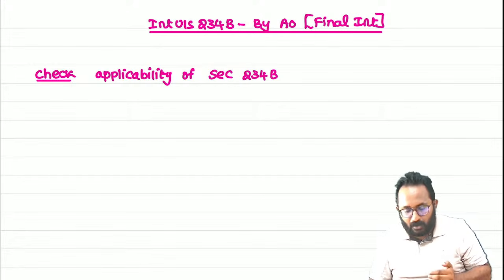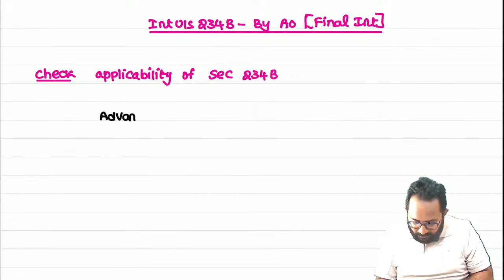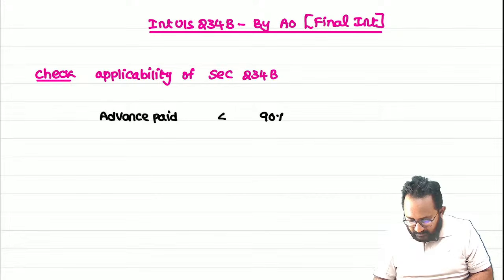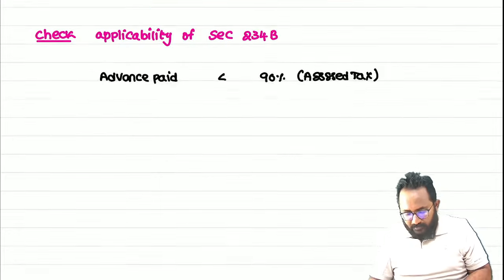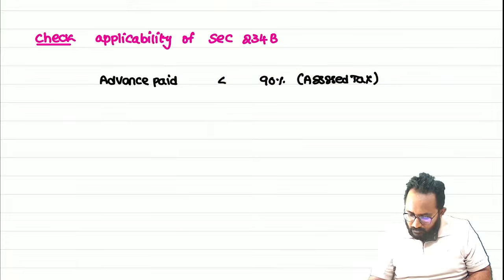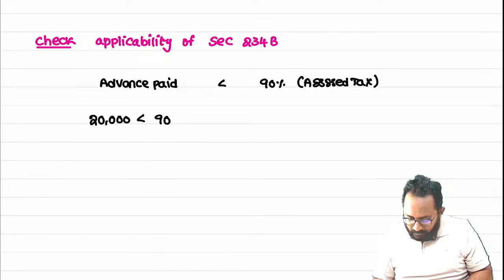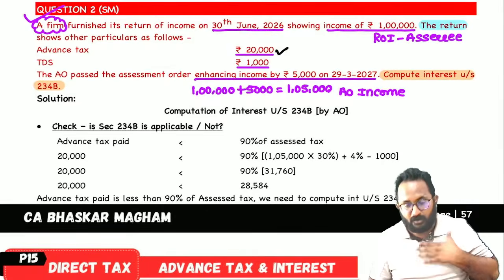Is there a short payment or not? I have to check whether advance tax paid is less than 90% of the assessed tax. What advance tax did you pay? 20,000. Who is computing the interest here? The AO.